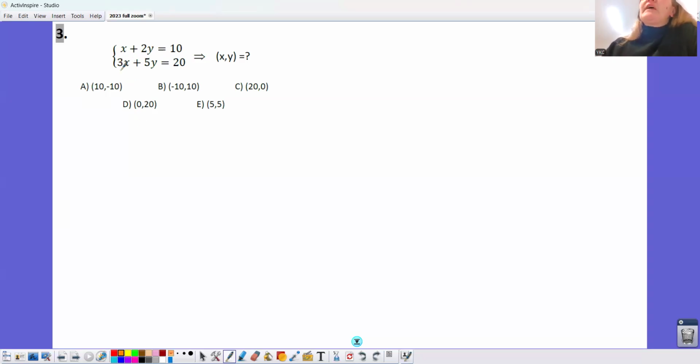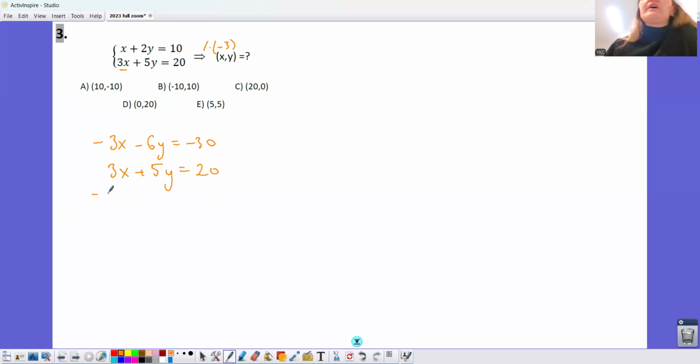So I'm choosing x first to eliminate. Here I have 3x, here I have 1x. So I want to make this one minus 3x to make it the opposite of the second equation. So to make it minus 3x, I'm multiplying the whole equation by minus 3. Then it will become minus 3x minus 6y is equal to minus 30. First equation. Second equation I'm writing down the same because we are not doing any operation there.